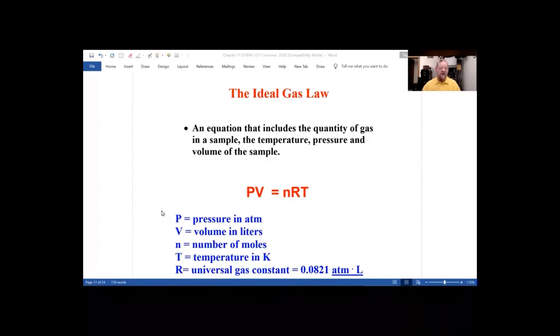Now, P is pressure, V is volume, n is the number of moles, T is temperature, and R is the universal gas law constant. Now, it turns out PV = nRT plays an important role in your daily life. Where's one place? Your car tires. Let's take a look at that.